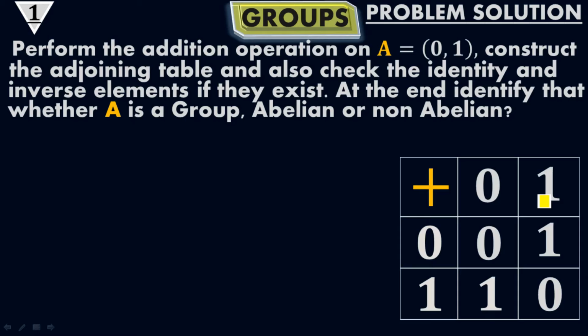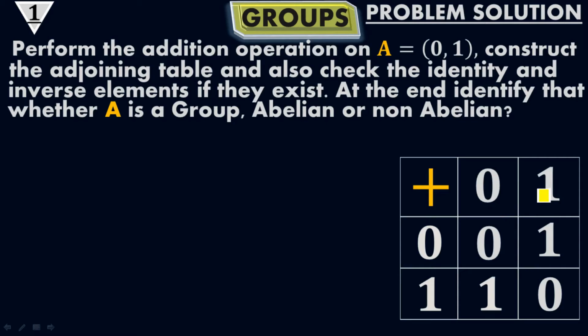But we know that according to the adjoining table, if the sum of the two elements equals the total number of the elements, like the total number of the elements are 2, 0 and 1, then you have to subtract that quantity from the total number of the elements.